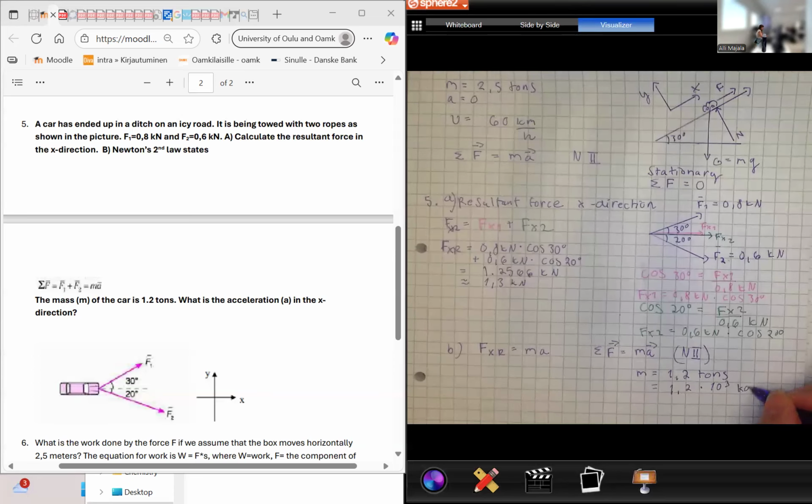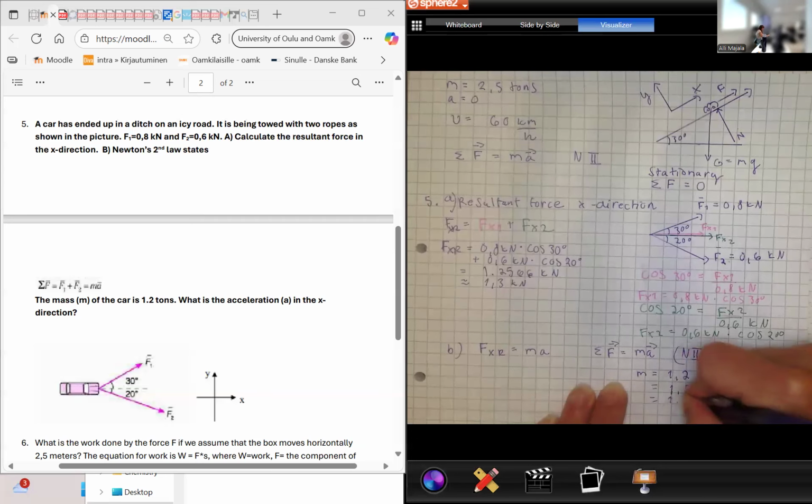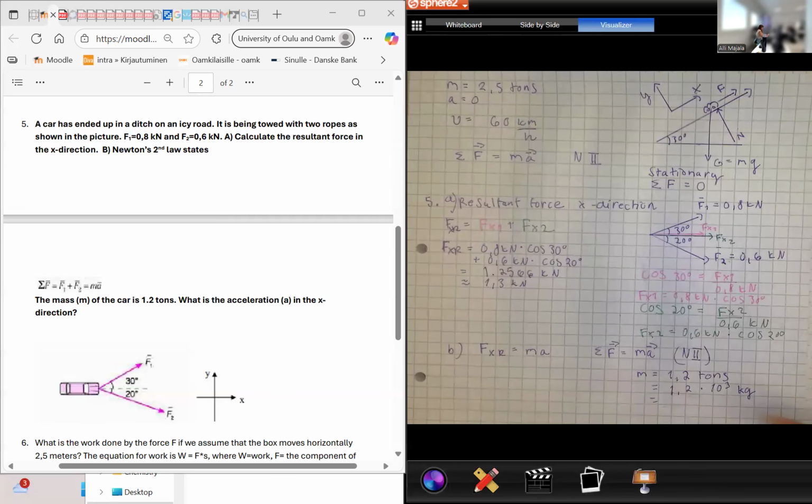Yes. No, forgot. And the kilogram is the SI unit anyway, yeah? So that's fine.